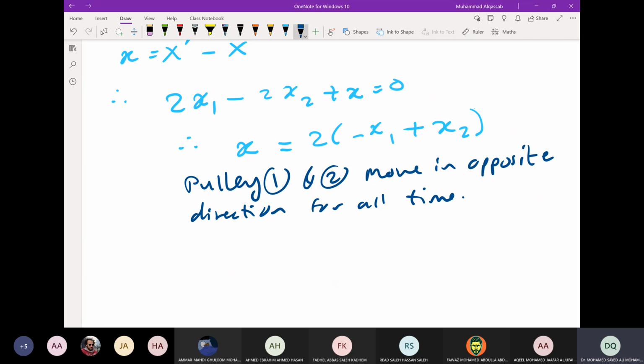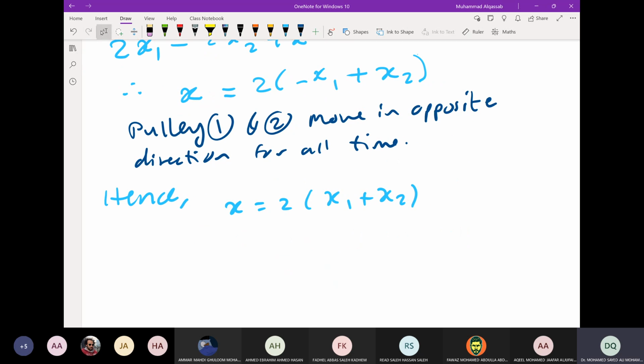So if you take the absolute value, you will have x equal to 2 times x1 plus x2. Okay, this is the absolute value. It is always addition. That x is always twice x1 plus x2.